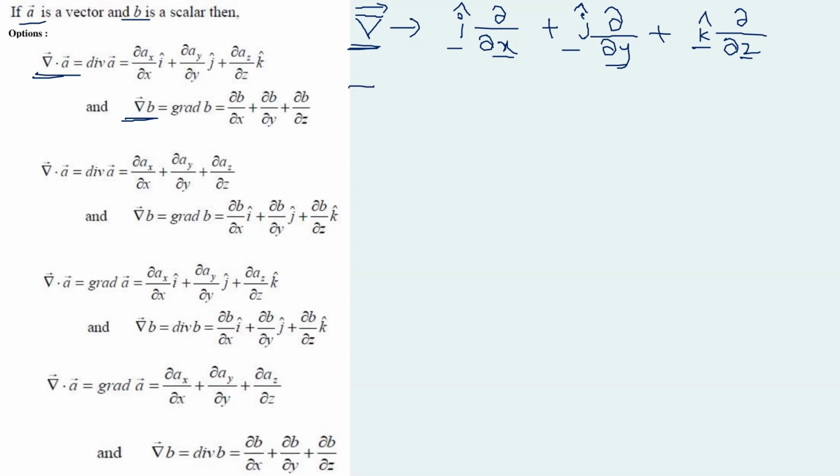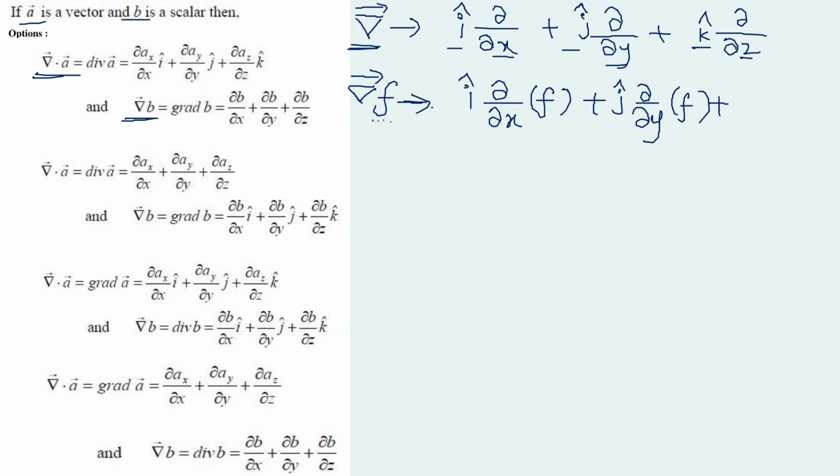When the gradient operator is acted upon a scalar function f, it yields a vector output in this manner: i dou by dou x of f plus j dou by dou y of f plus k times dou by dou z of f. Here f is a scalar function.